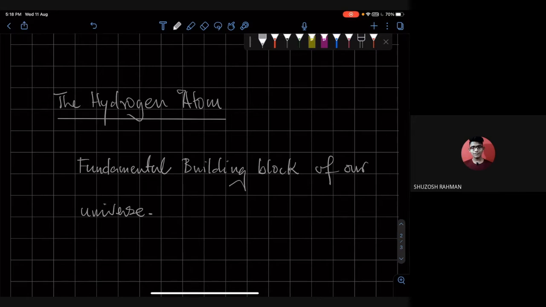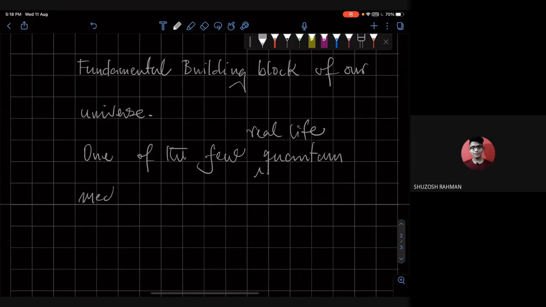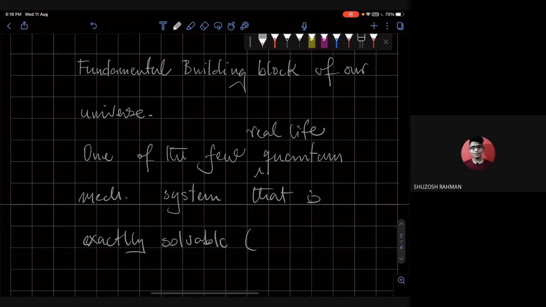So it's also one of the few real life quantum mechanical systems that is more or less exactly solvable.